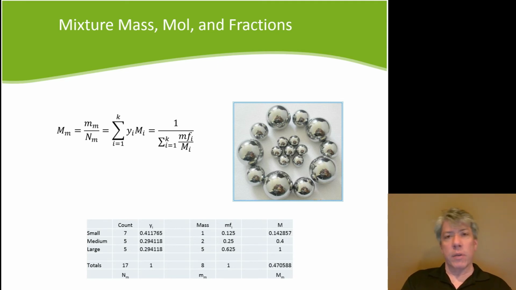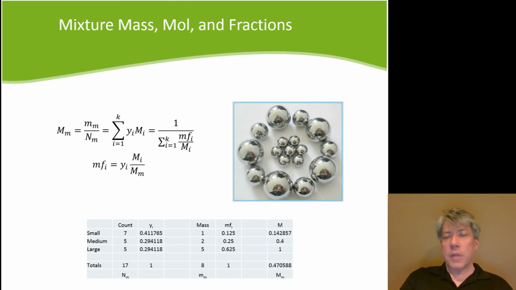Now, usually molecular weight is talked about in SI units, and so it would be grams per gram mole or kilograms per kilogram mole, whichever you like. But you could talk about pounds mass per pound mole. That's a thing. Okay, so what else could we do with this?